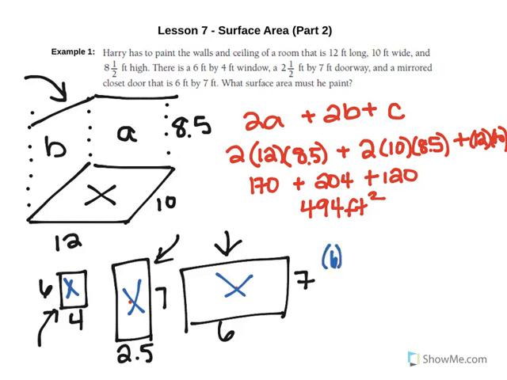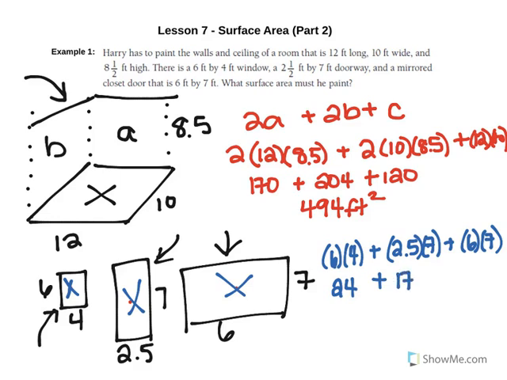So we have 6 times 4, and we have 2.5 times 7, and we have 6 and 7. So if I multiply this out, we have 24 plus 17.5, and 42.